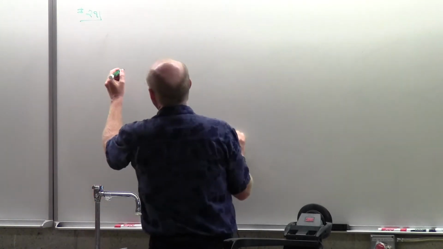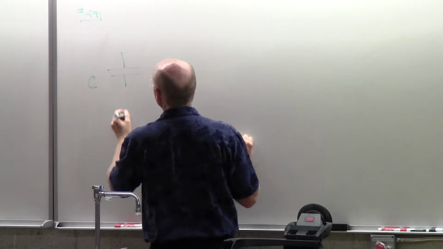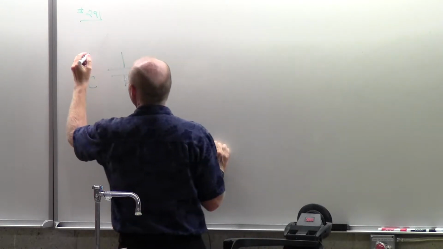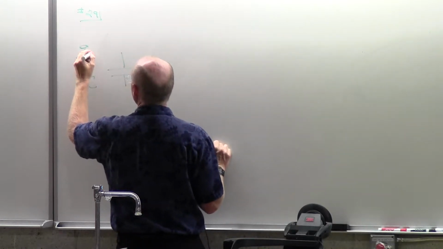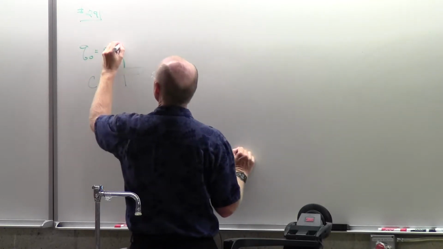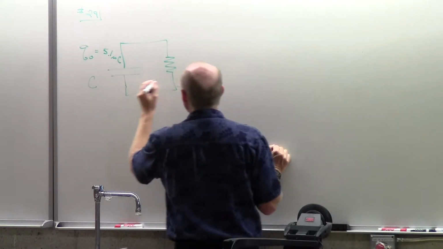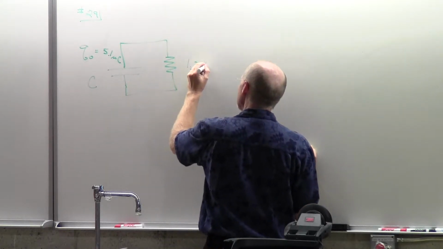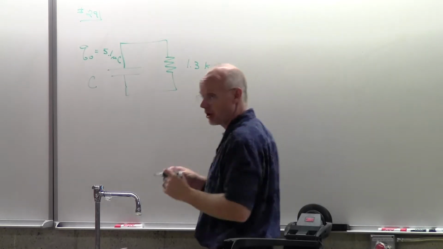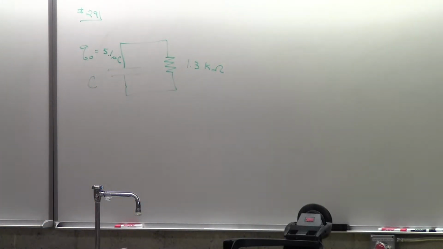So here is our capacitor. It has some initial charge, I'll call it Q naught, and 5.1 microcoulombs is the value. They are going to discharge it, that is, hook a wire to it and get the charge off of it.